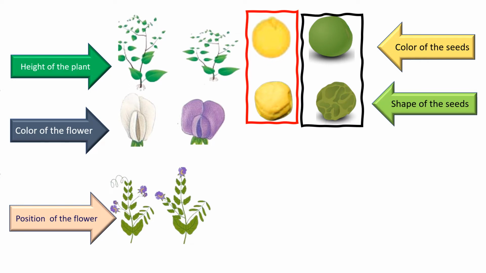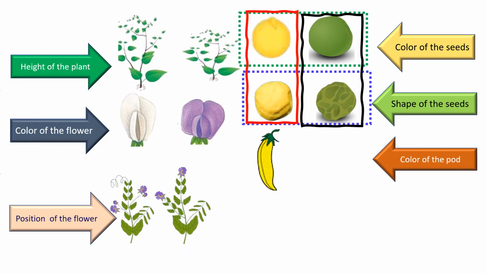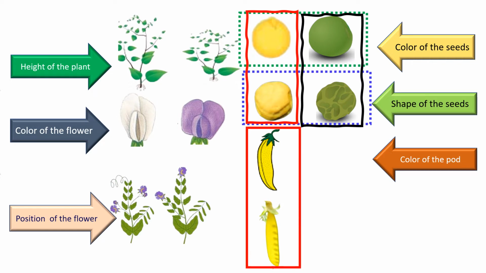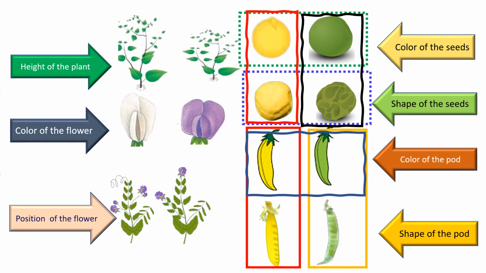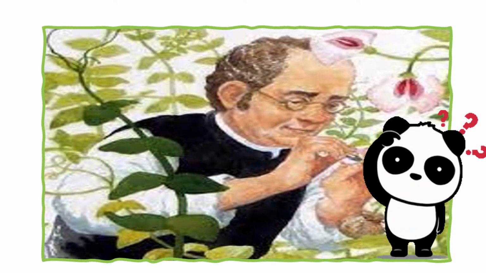Shape of the seeds: round seeds, wrinkled seeds. Color of the pods: yellow pods, green pods. Shape of the pod: inflated pods, constricted pods.